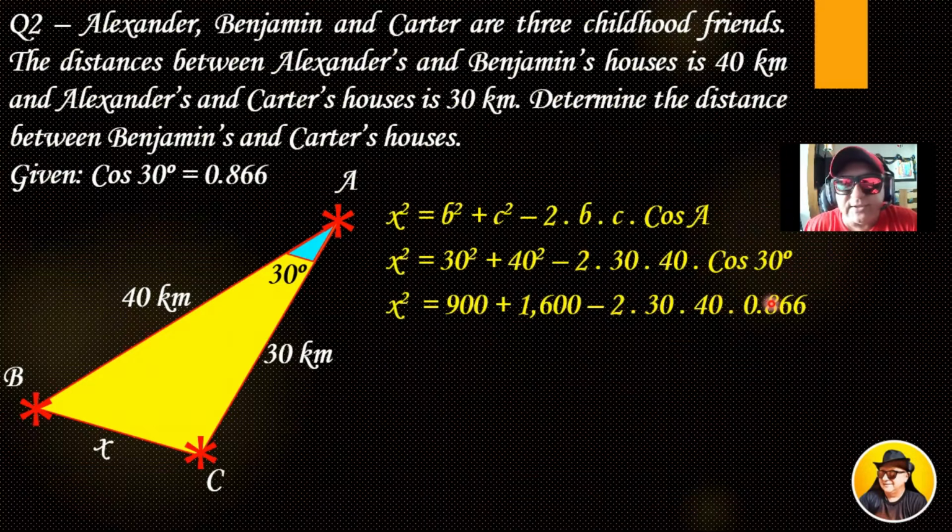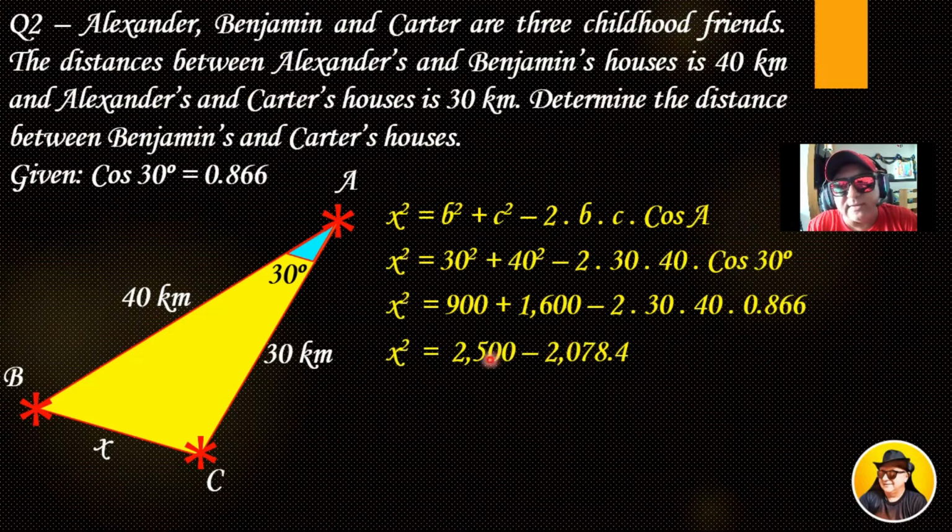So let's do it. I have that X squared is 900 plus 1,600 is 2,500, and 2 times 30 times 40 times 0.866 is 2,078.4.